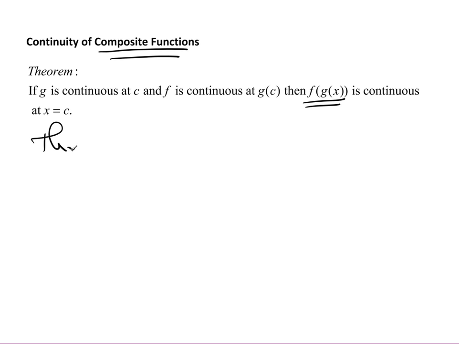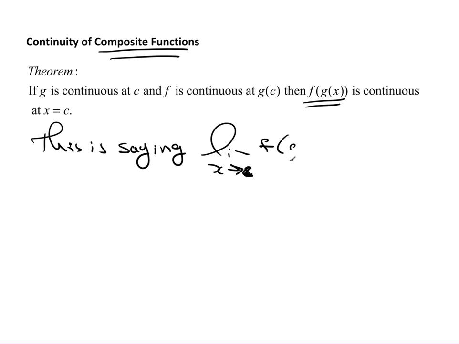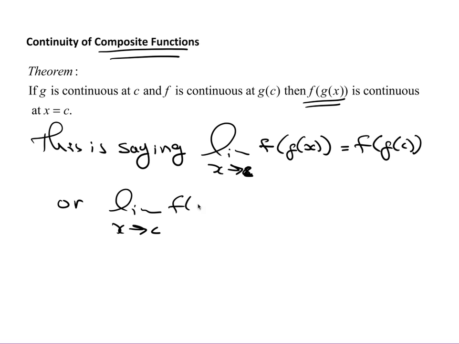This is saying the limit as x approaches c of f of g of x is equal to f of g of c, or the limit as x approaches c of f of g of x is equal to f of the limit as x approaches c of g of x.